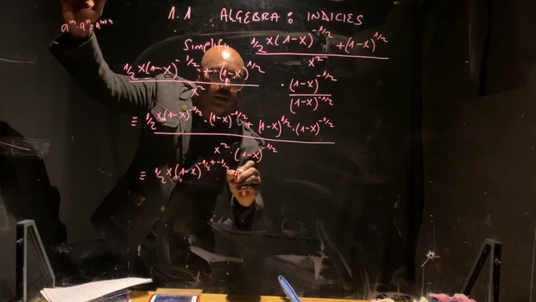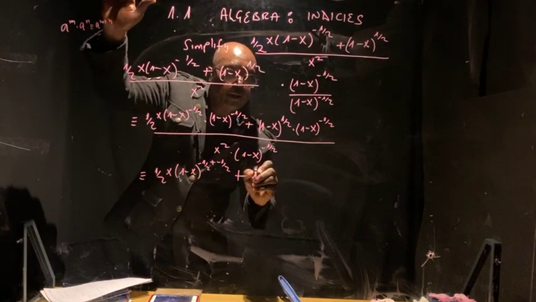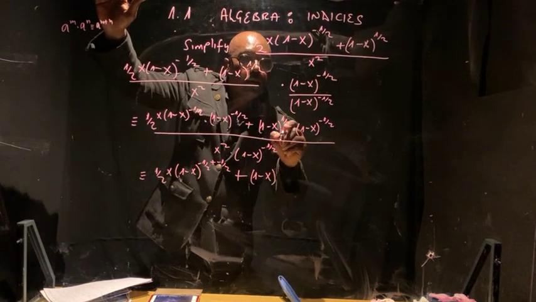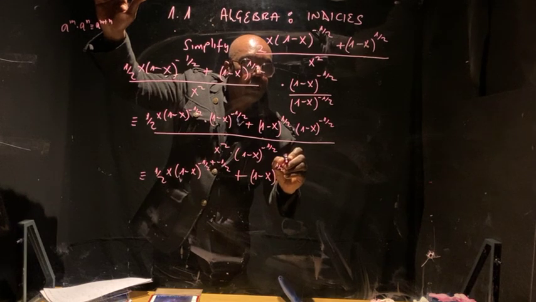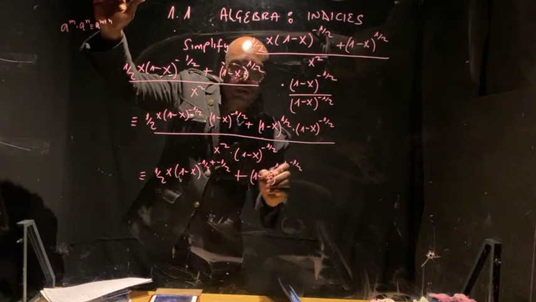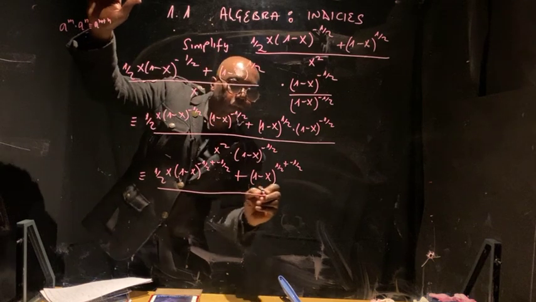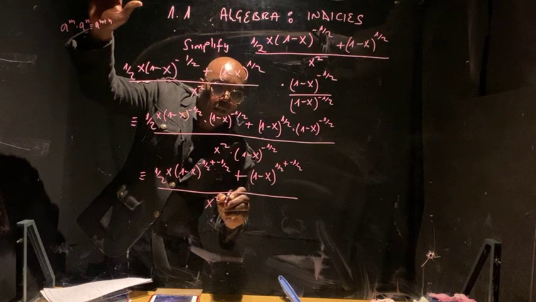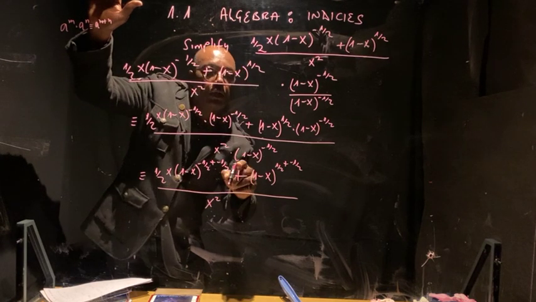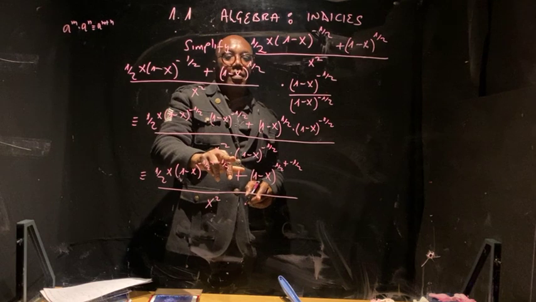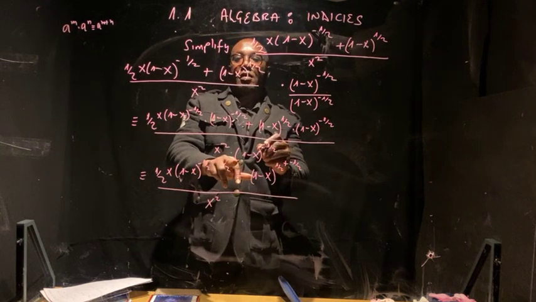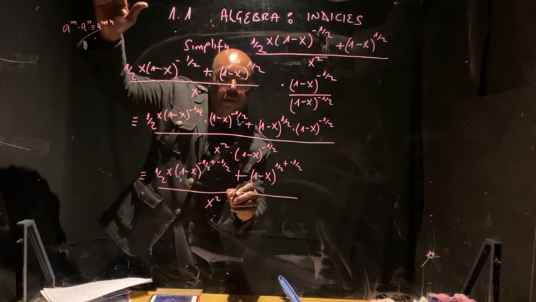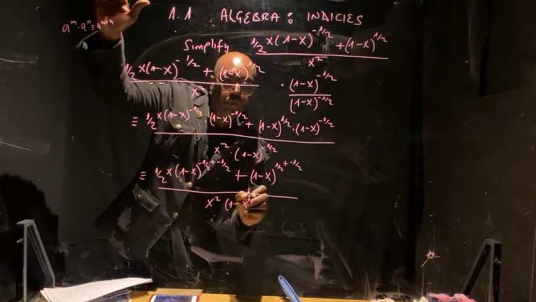Then plus 1 minus x, the same law 1, half plus negative half, all over the denominator x squared multiplied to 1 minus x raised to the power negative half.